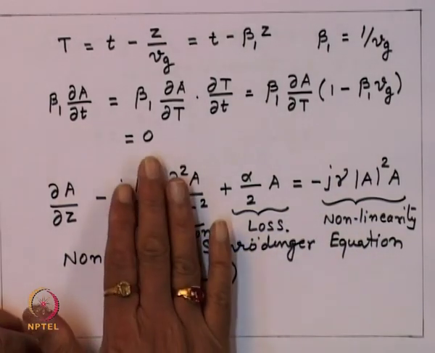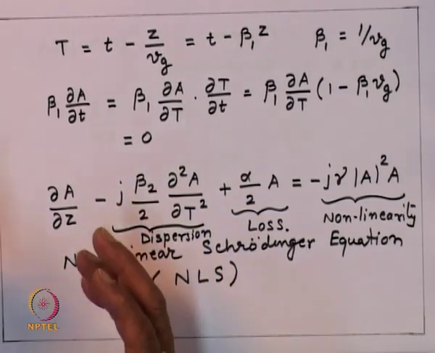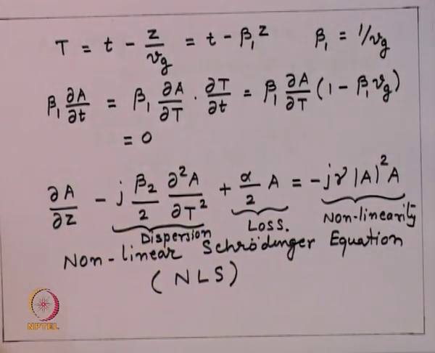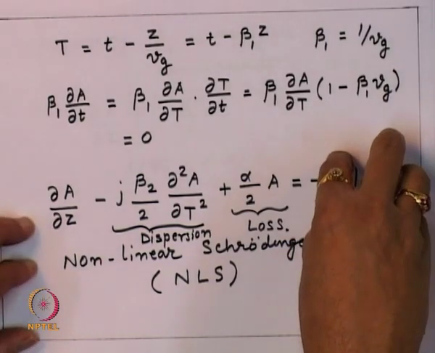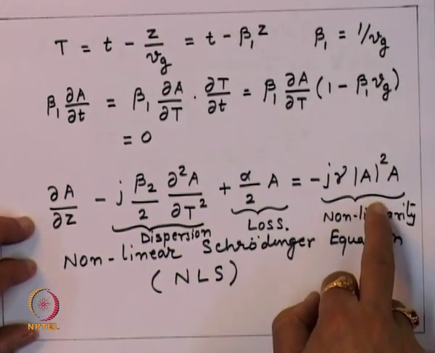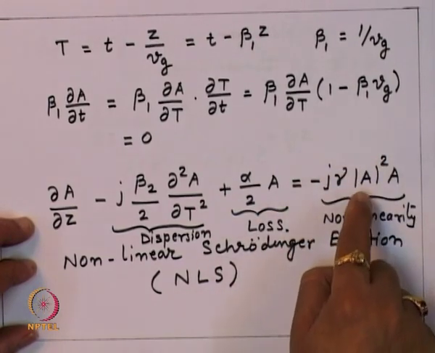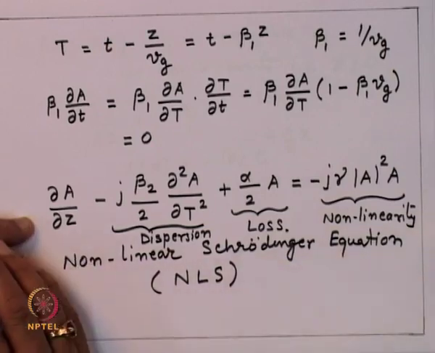So, the phenomenon of dispersion can be easily investigated in the frequency domain, because different frequencies are traveling with different velocities. The nonlinearity phenomenon has to be considered only in the time domain, because this quantity depends upon mod A square, and A is an envelope function in time.